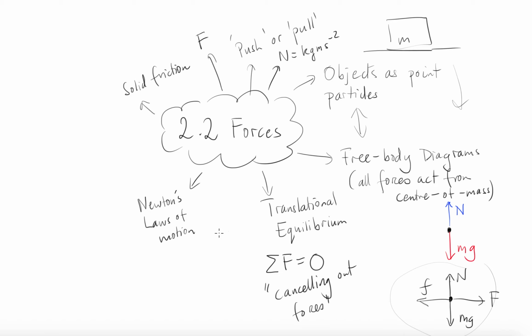If we have translational equilibrium, this links to Newton's laws of motion. We have Newton 1, Newton 2, and Newton 3.